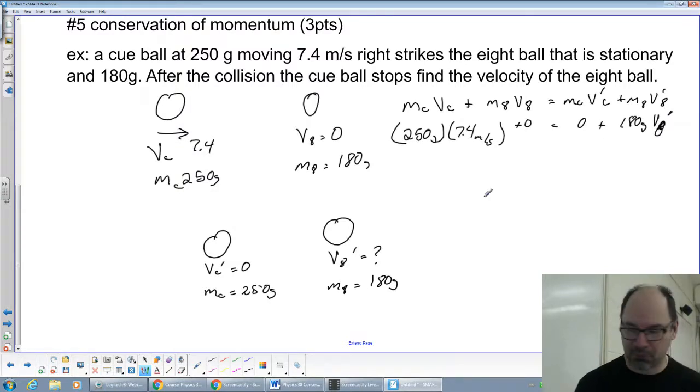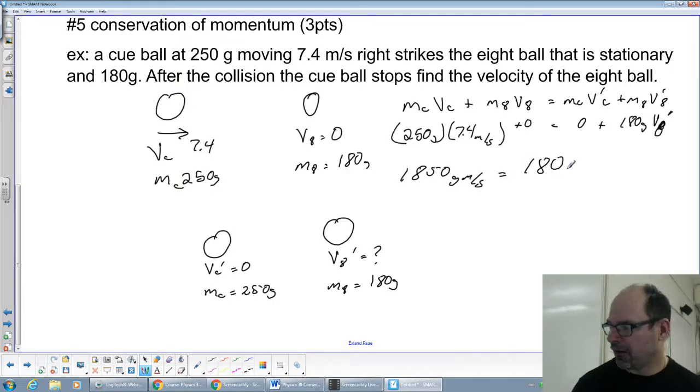All we have to do is multiply the left side to get 1,850 gram meters per second equaling 180 grams V8 prime.